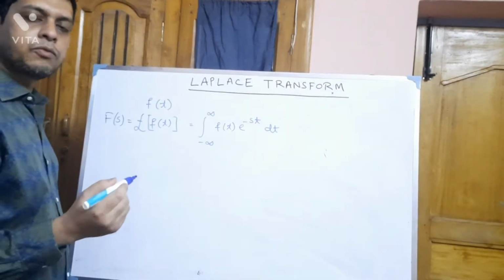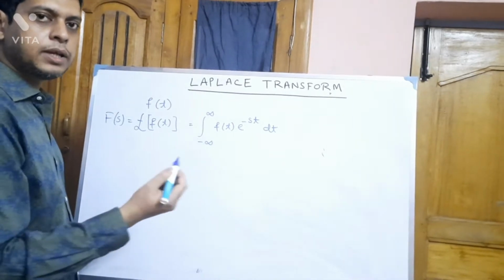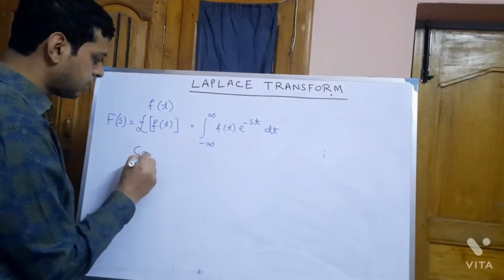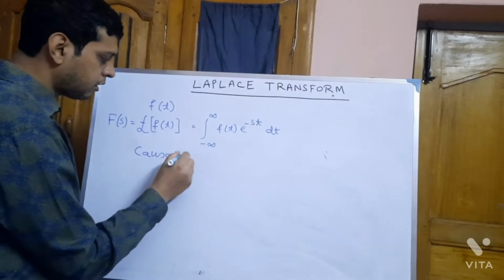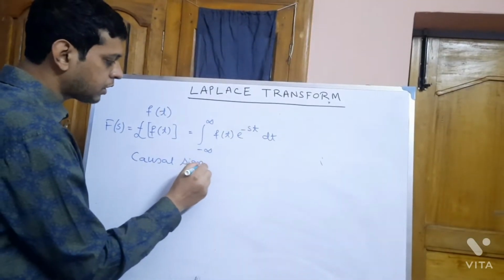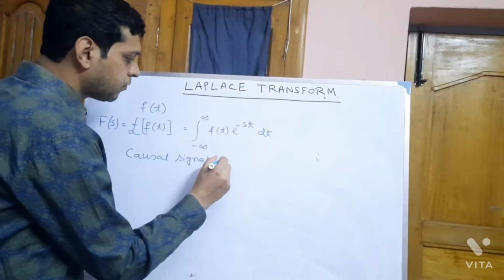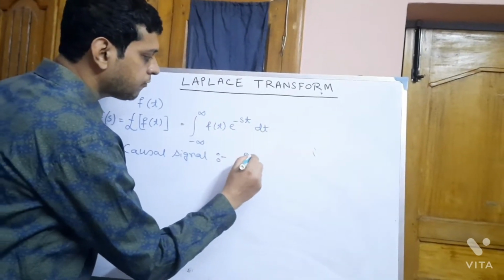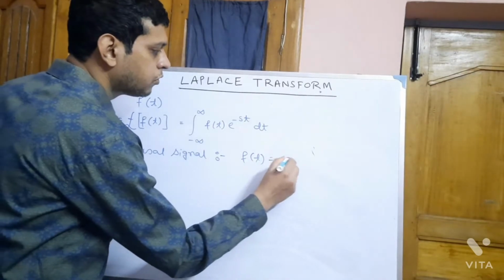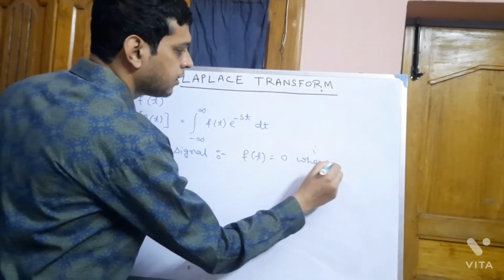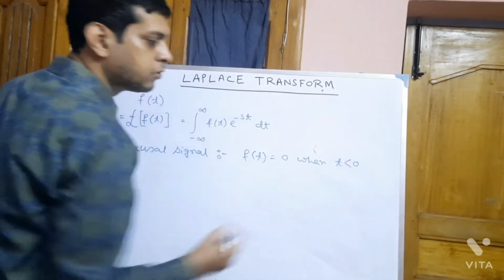Now, as we are concerned only with causal signals, the signal f(t) is a causal signal. So f(t) is equal to 0 when t is less than 0.